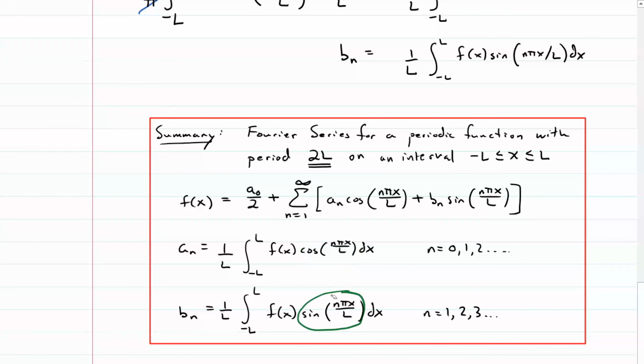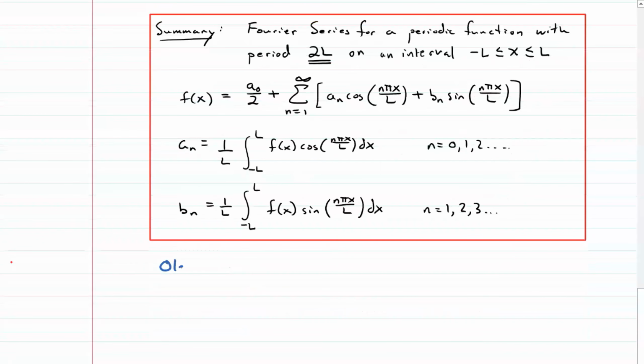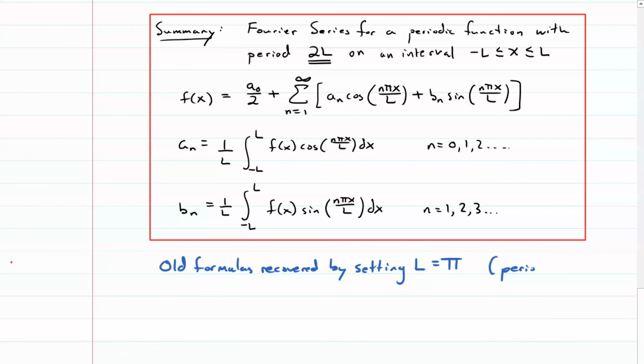You notice the old formulas are recovered by taking L equal to pi, because previously we discussed period 2 pi.